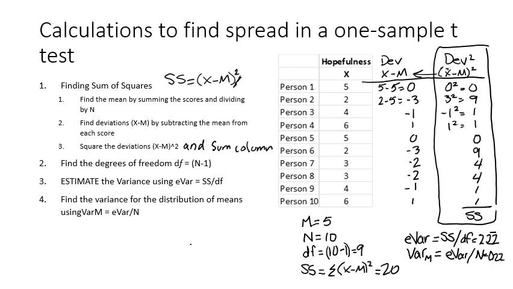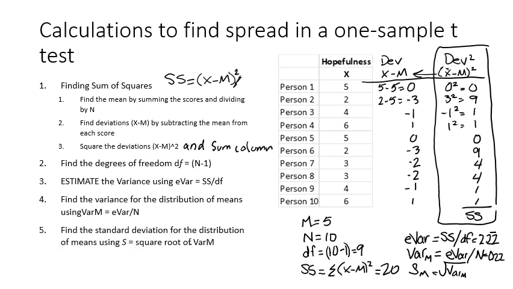And finally, the standard deviation for the distribution of means is just like before, the square root of VARM. And so we get 0.47. And that's calculating spread in the one sample t-test.